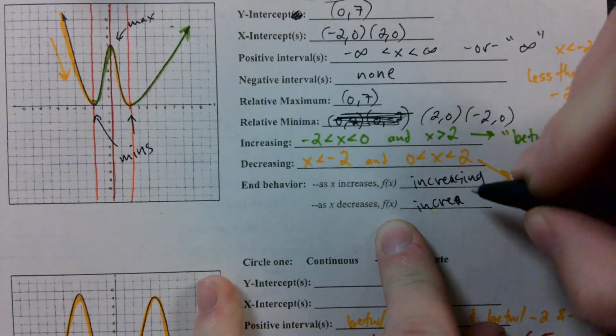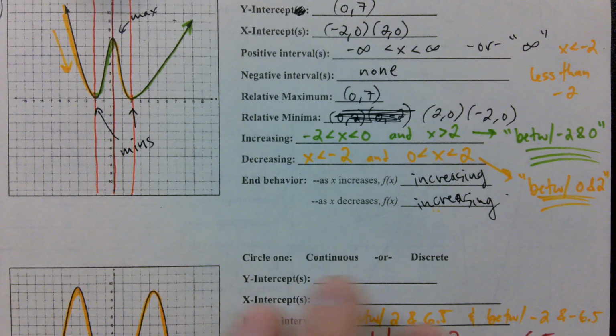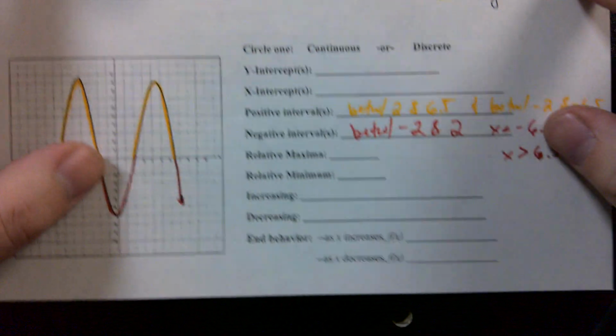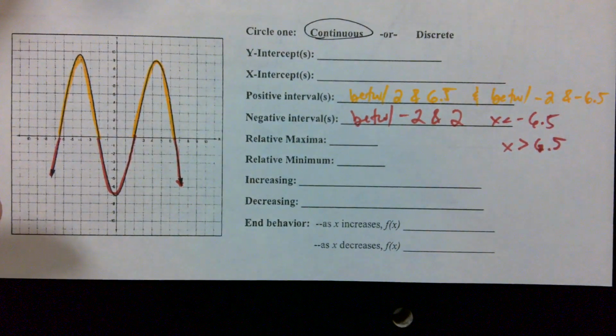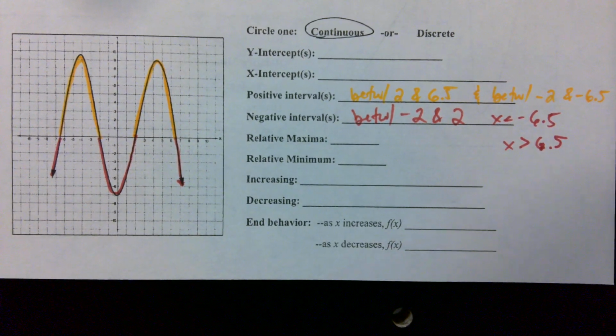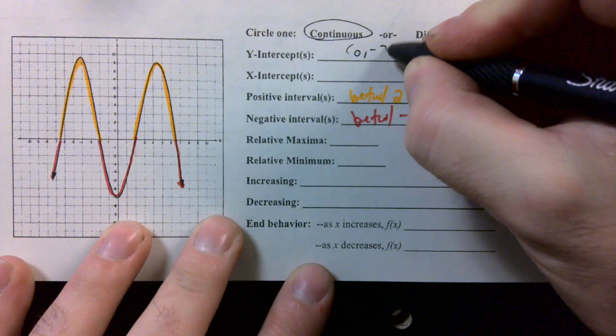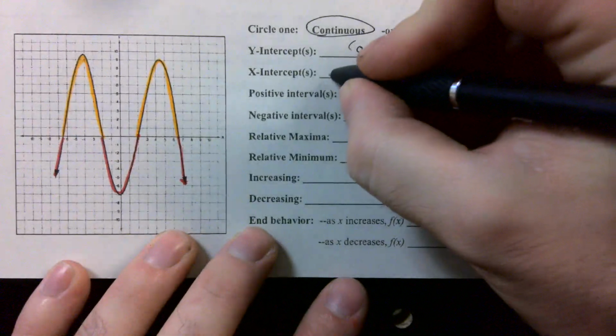And if we have a W shape or an M shape, it's either both going to be increasing or both going to be decreasing. So that'll make our lives easier. Down to number 5. This is, of course, continuous. Where's my y-intercept at? (0, -7). I got a bunch of x-intercepts, don't I?